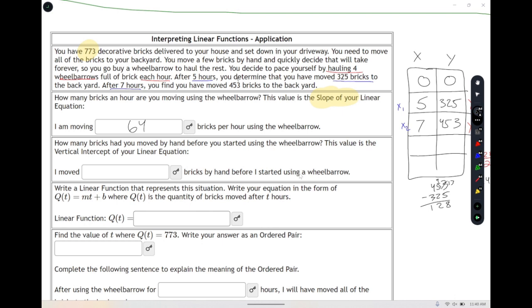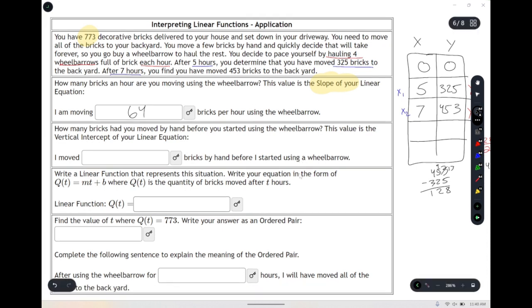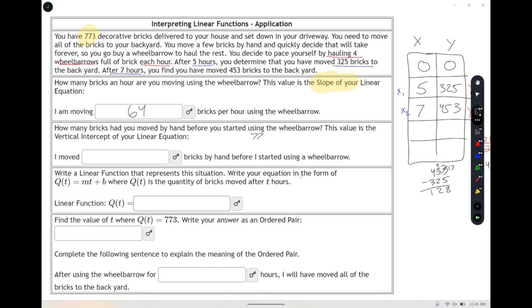Is this the rest? I don't understand how to answer that question. 773 is where you start. That's the max. So equal that to 64x.